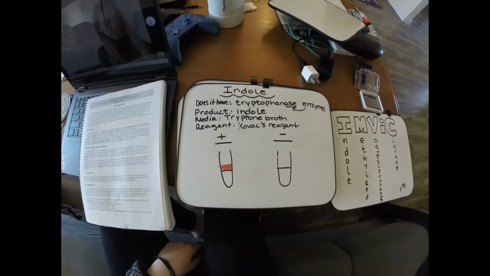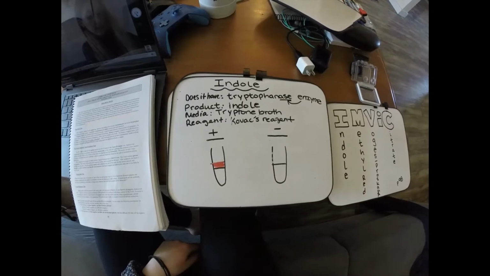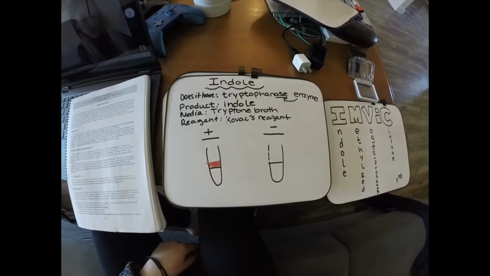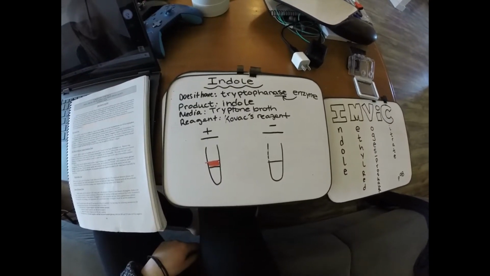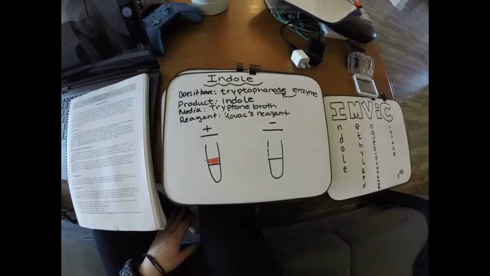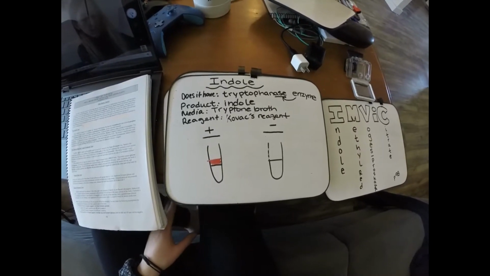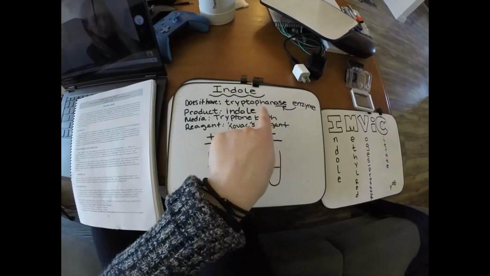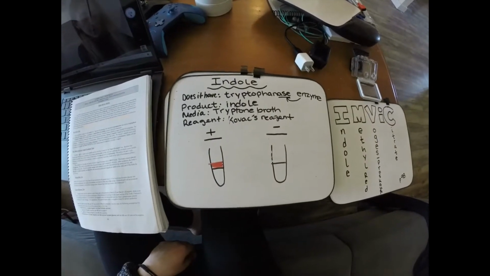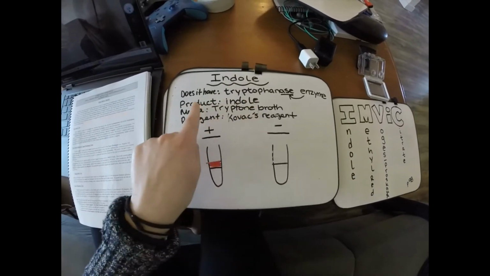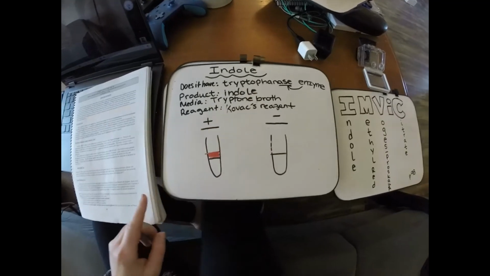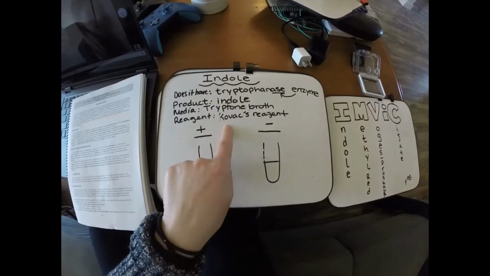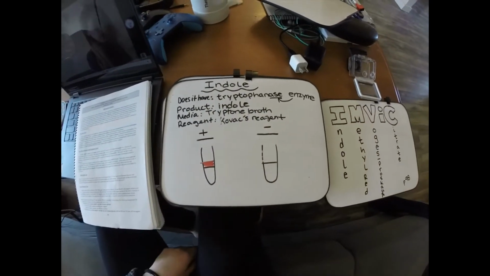That enzyme can utilize tryptophan as its source of carbon and as an energy source, and it will catabolize tryptophan into a product that we can detect, indole, once we add our Kovac's reagents.